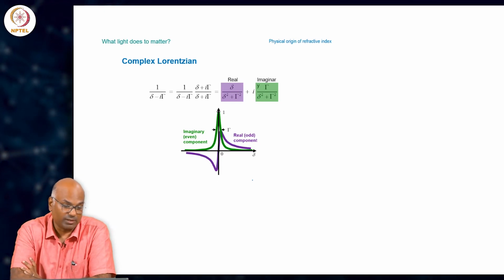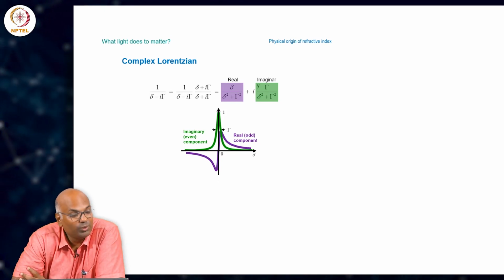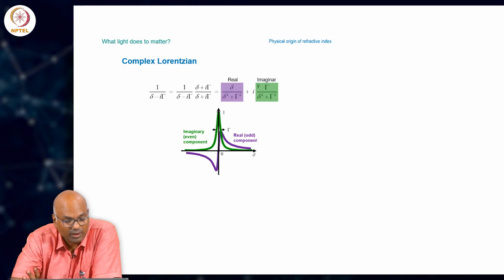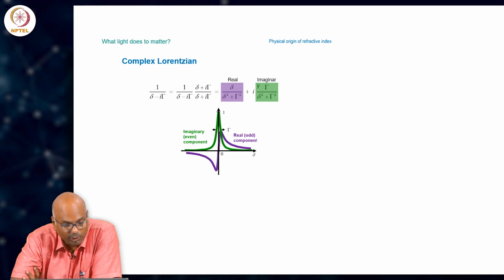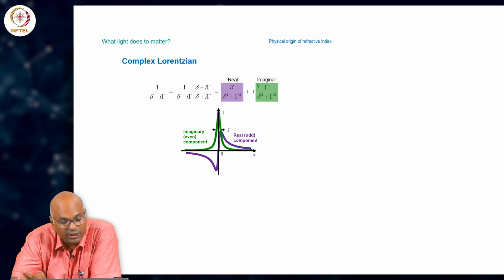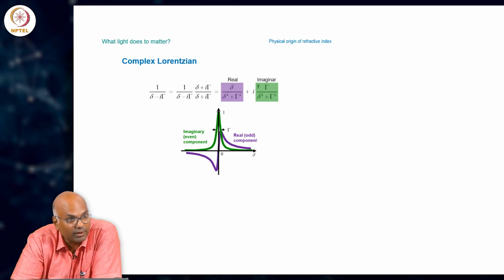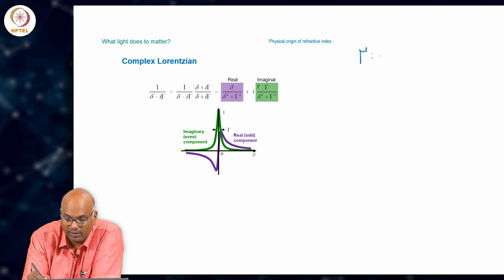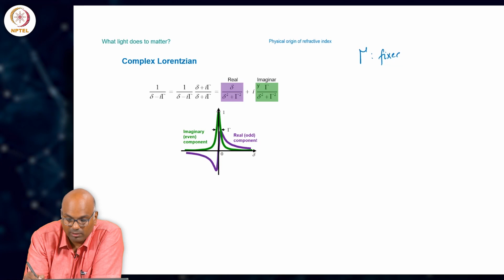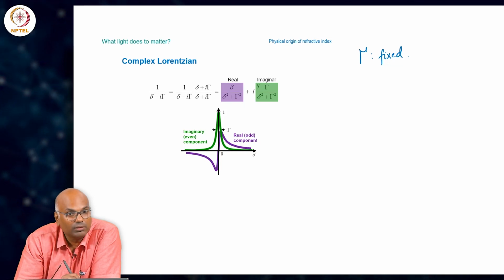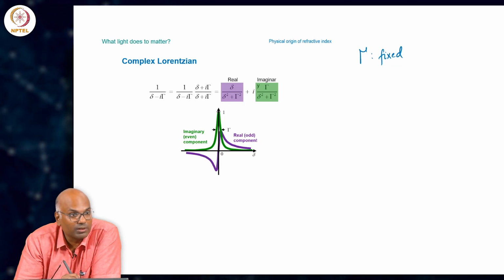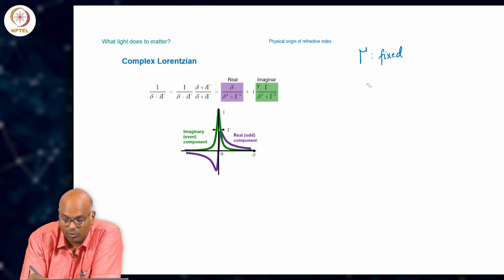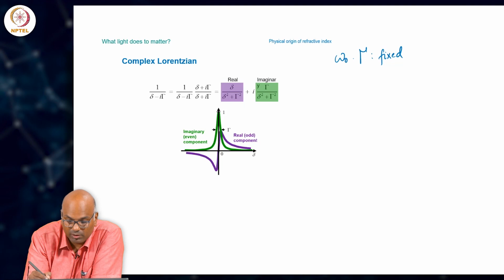This brings us now to the following description of things, where we can plot the real and the imaginary parts as a function of delta. We do not plot it as a function of gamma, because gamma is fixed for a given piece of matter, as also omega naught is fixed.